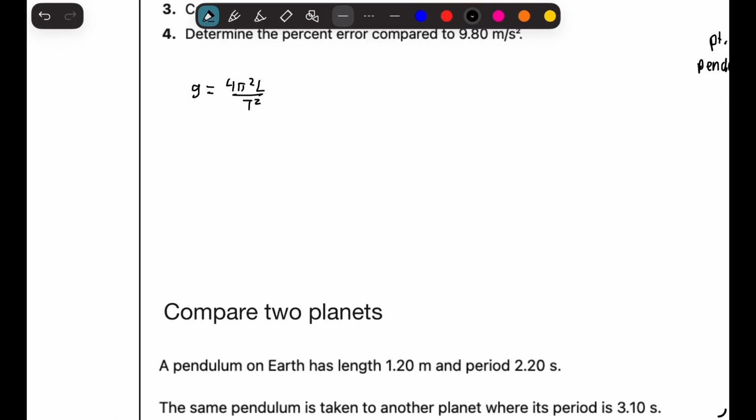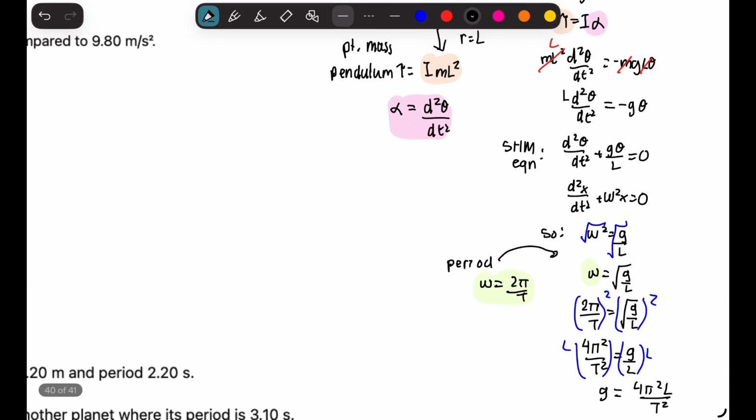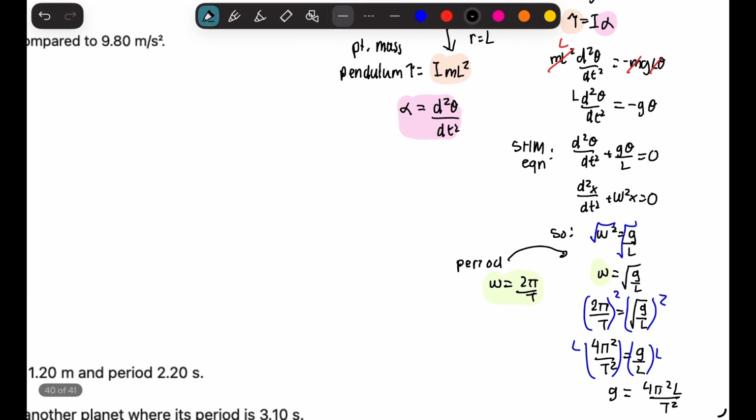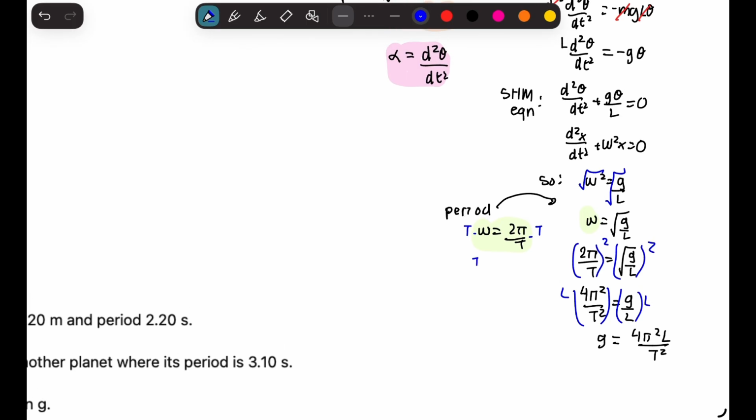So let's first start with our period. If you multiply both sides by T here, you're going to have T omega is equal to 2 pi. And then you divide both sides by omega here.